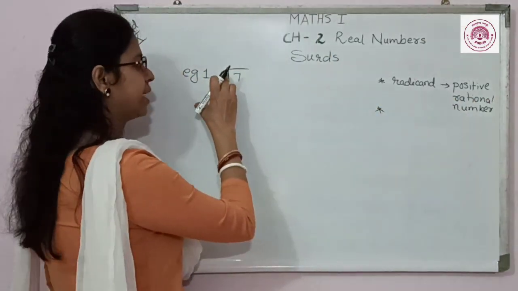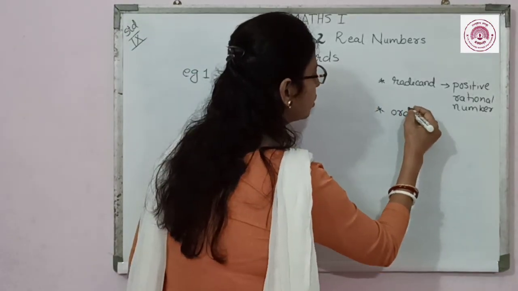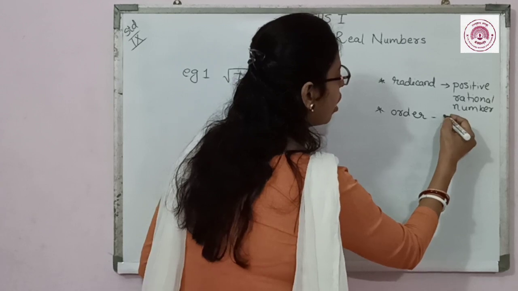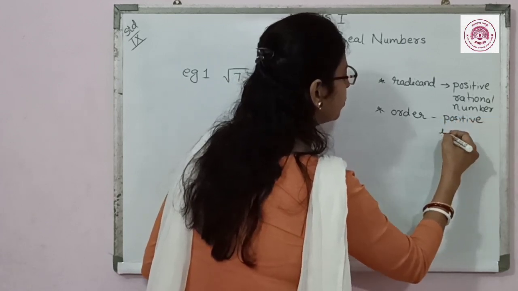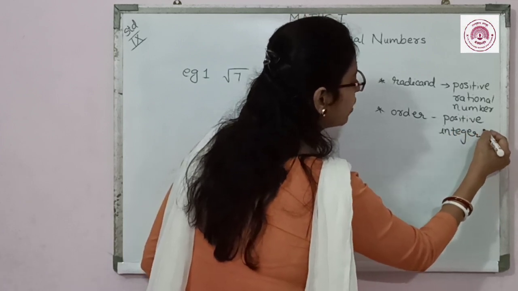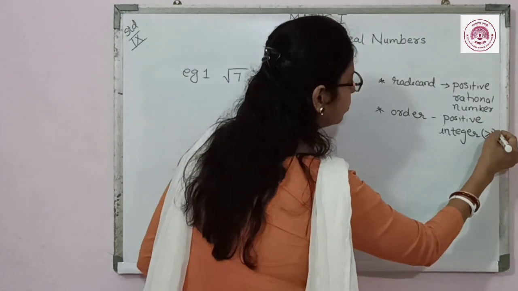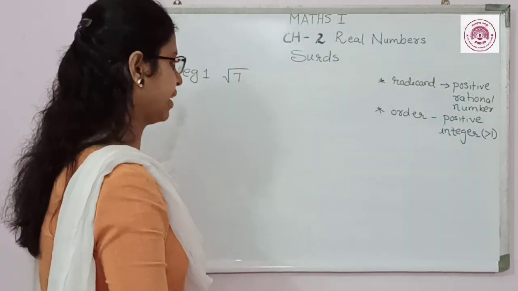The order, that is the value of n, should be a positive integer and it should be greater than 1. Its value should not be equal to 1. It should be greater than 1.